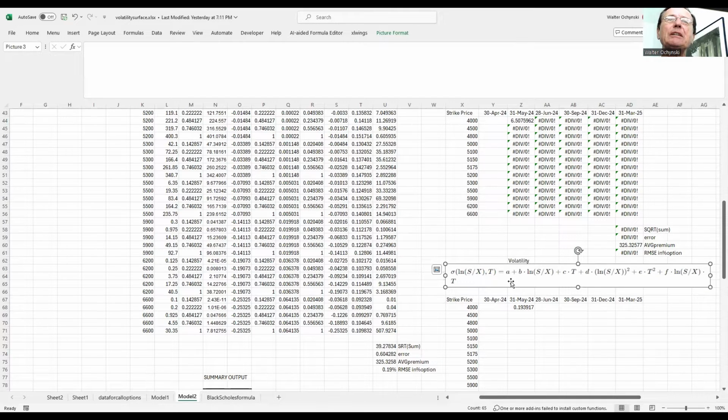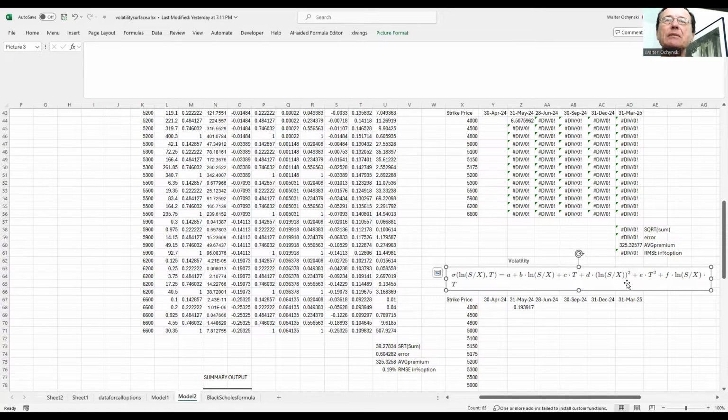This function requires a constant parameter, so A, plus B times the logarithm of spot price divided by strike price, plus C times T, which stands for time, plus parameter D times the logarithm of spot price divided by strike price squared, plus E times time squared, plus F times the logarithm of spot price divided by strike price times T.